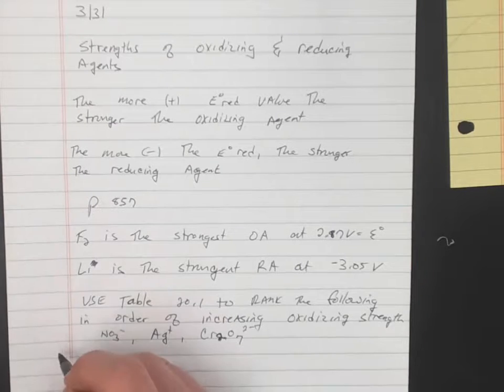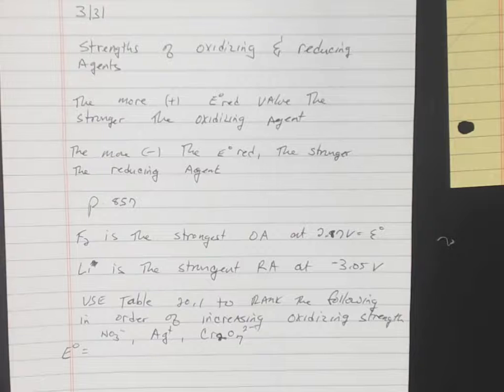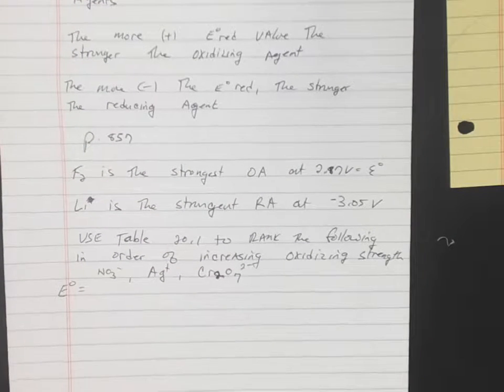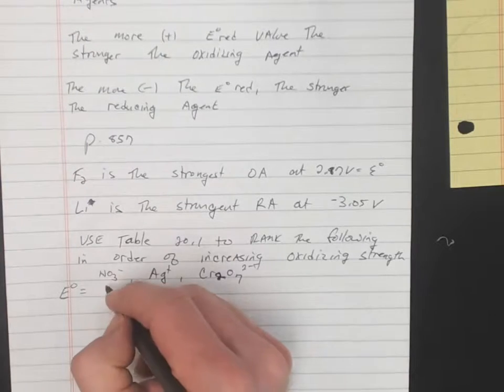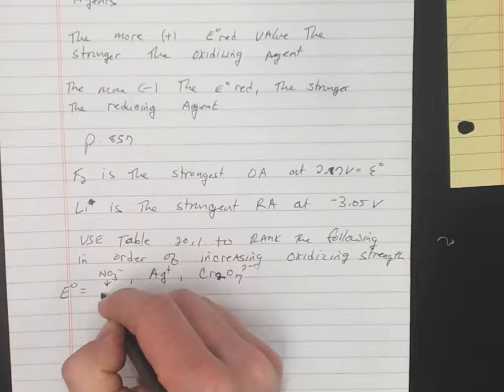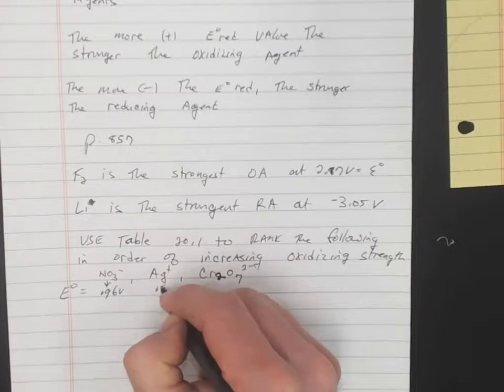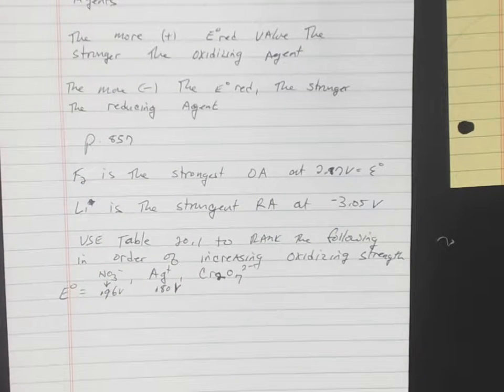essentially need to do now is find the standard reduction potential for the half reactions that those are involved in in table 20.1. What did you find for, what is E0 for NO3 negative? 0.96 volts. For Ag plus, somewhere around 0.80 I believe.